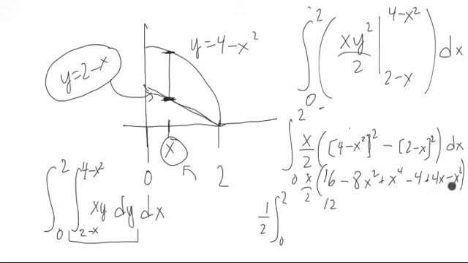Then we have a plus 4x. And then we get minus x squared and minus 8x squared, so minus 9x squared, plus x to the 4th. Then distributing the x through, we end up getting 12x plus 4x squared minus 9x cubed plus x to the 5th. We have not integrated that portion quite yet.